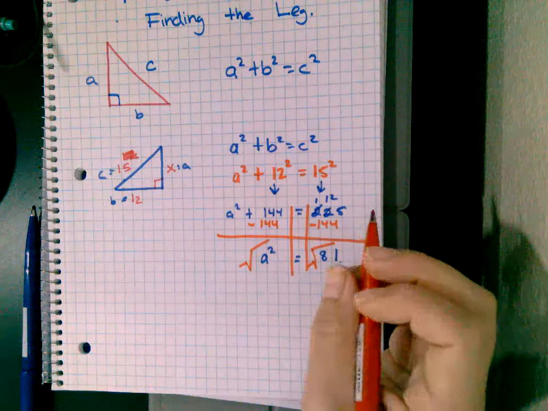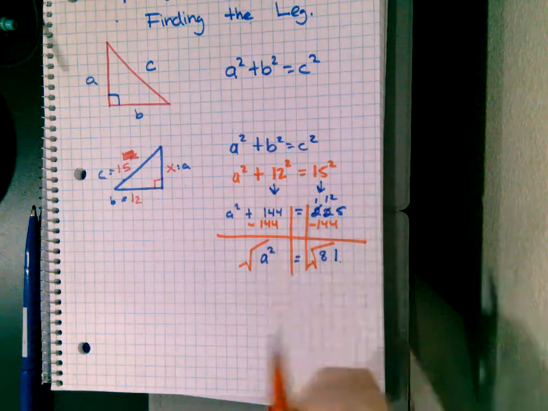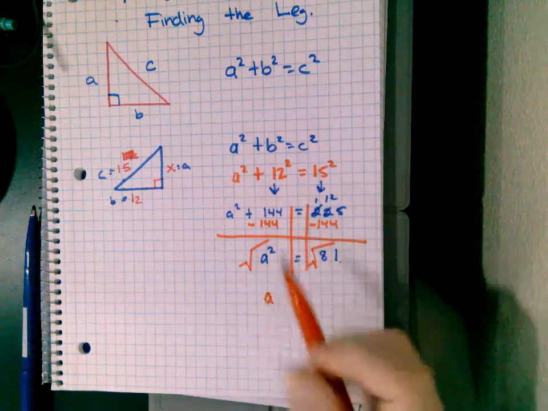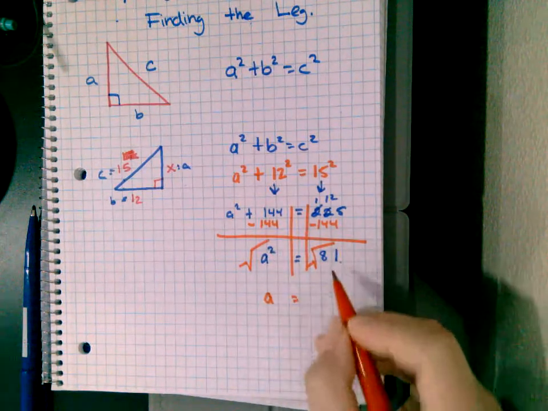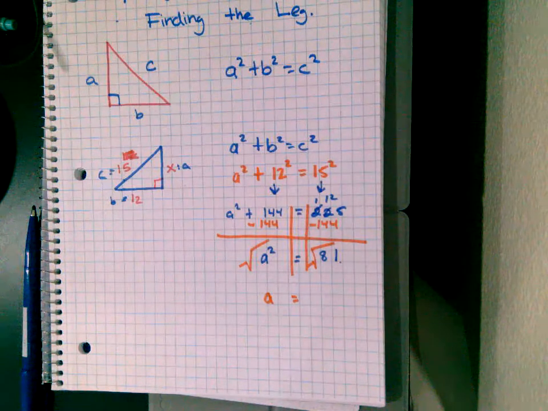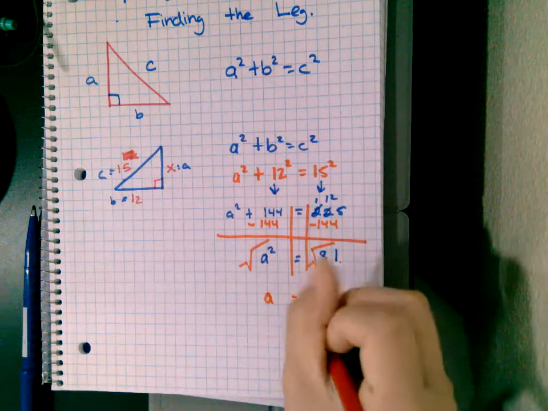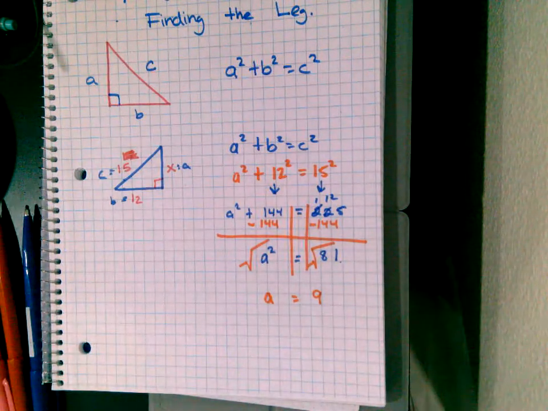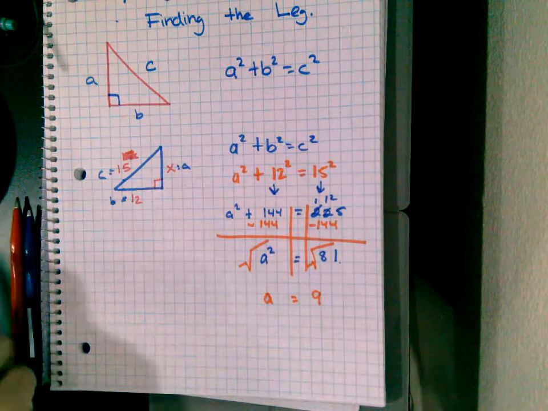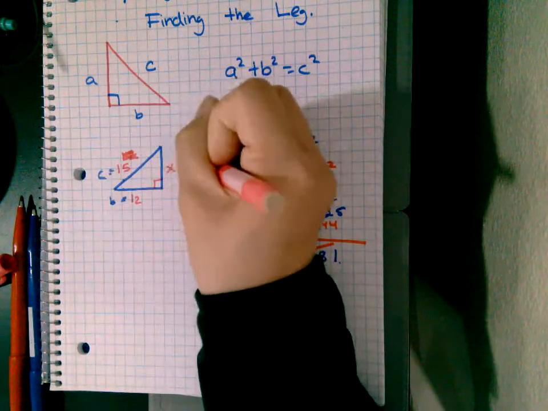Like we learned on Thursday, when you take the square root of this, you're just left with A. That's the whole point of the square root: to take that little 2 away. What's the square root of 81? What number multiplied by itself gives you 81? You should know it's 9. So A, or X, is equal to 9.